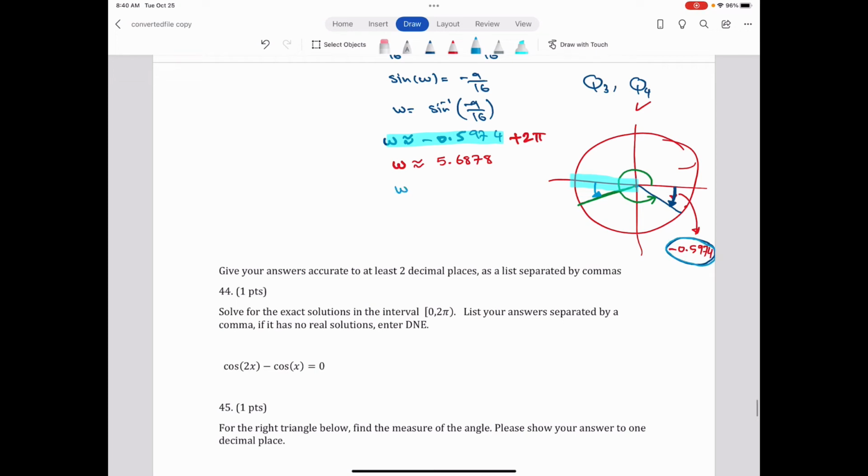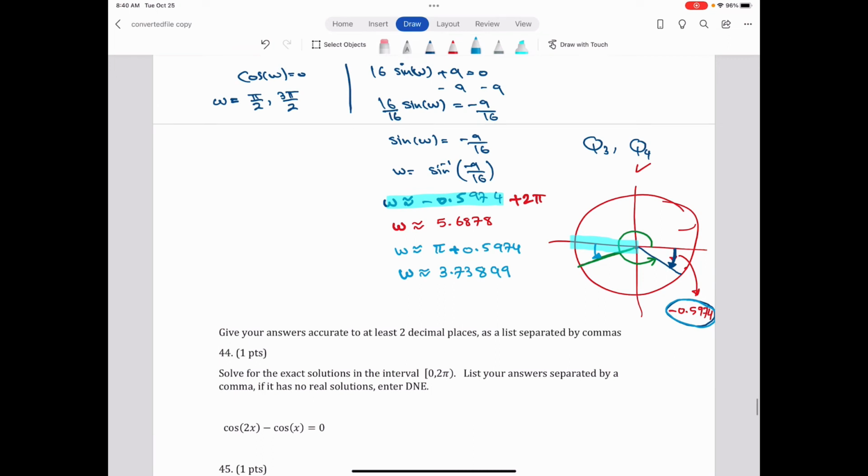So I'm going to say the other w is approximately pi plus 0.5974. If I do pi plus 0.5974, I will get w is approximately 3.73899.